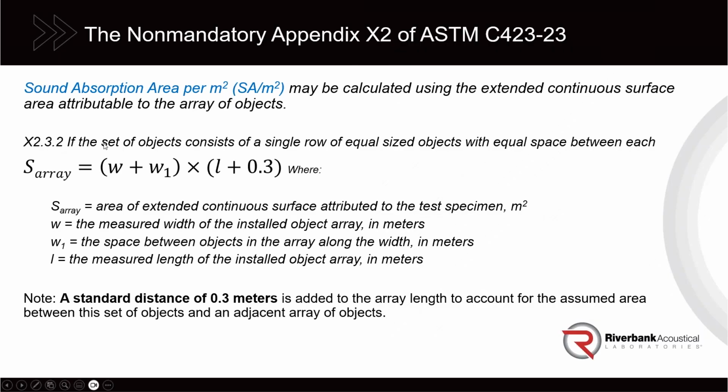There's a second type of configuration that we've started with, which is a single row of equal sized objects with equal space between each. What we had in mind for this, though it probably could be applied in other cases, are long linear baffles, let's say vertical baffles that are 96 inches long and tested in a single row of those objects.